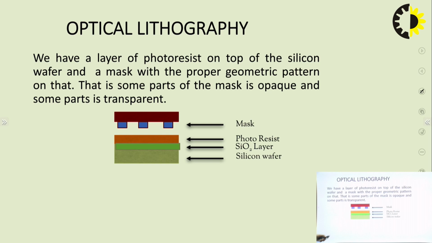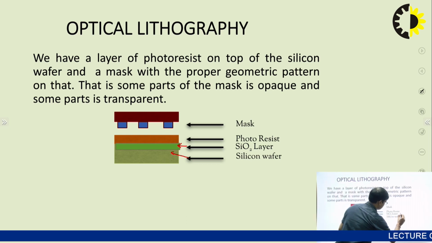Here we can see in this figure, this is our silicon wafer, and this is another layer that we apply before we do the lithography process. That is a silicon dioxide layer, which is an insulating layer or dielectric material.